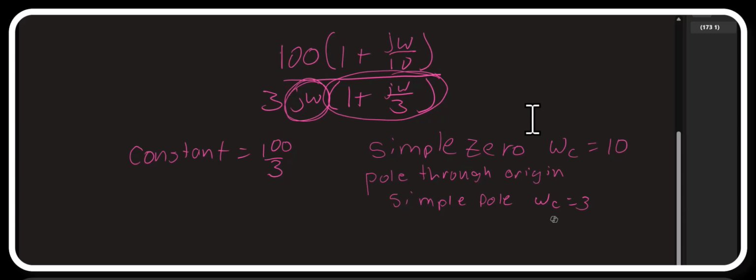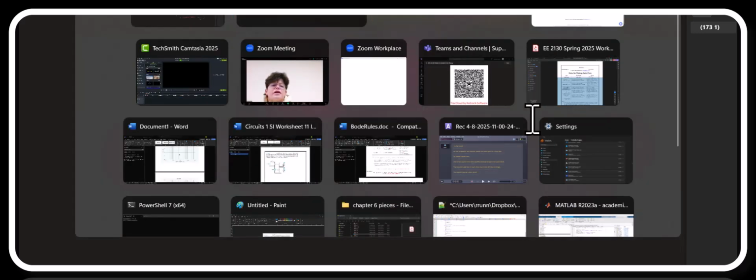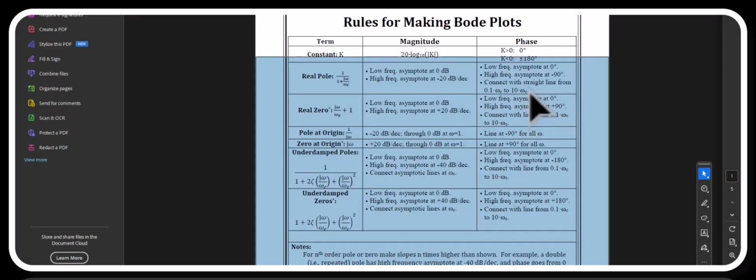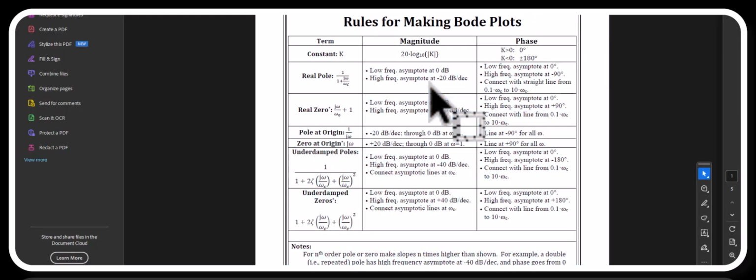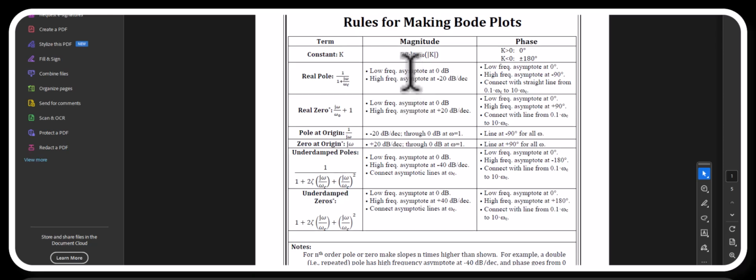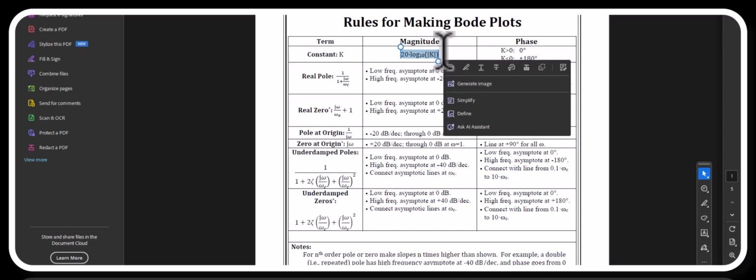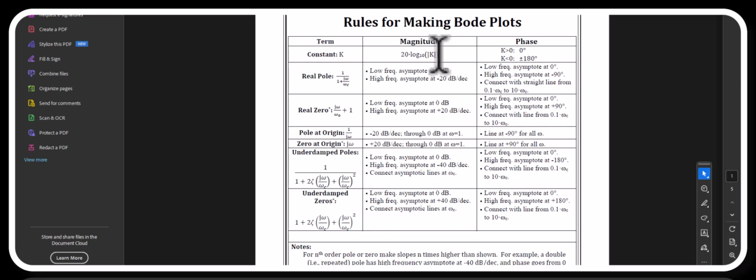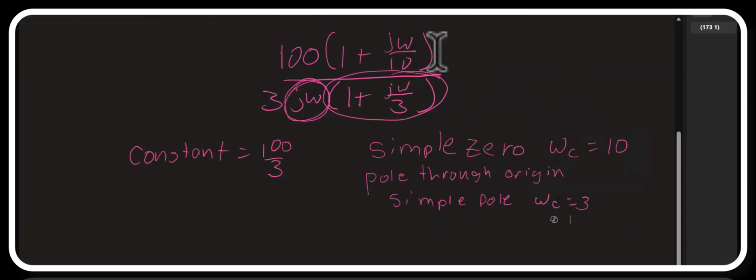So then if you go back and look at these, you can see for our constant term, we want to take 20 times the log of the absolute value of the constant term.